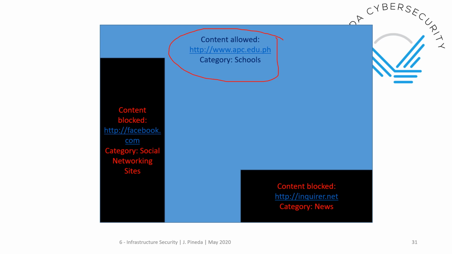But the other pages that are mixed in the website, like some announcements from Facebook, will be blocked because the category is social networking. Also, if it's coming from Inquirer, I will block it because it's news and it's not allowed in our policy. So these are some examples of the applications of the application firewall.